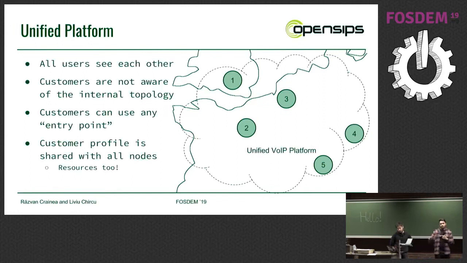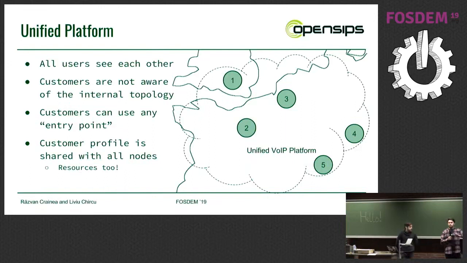You want your customers to have a unified experience. You want all customers to see each other no matter where they are located. You want your customers that are calling from London to be able to reach the ones in the Netherlands, right? You don't really want them to be aware of your topology. You never want to, for example, assign IPs to your customers just in order to do some sort of manual load distribution.